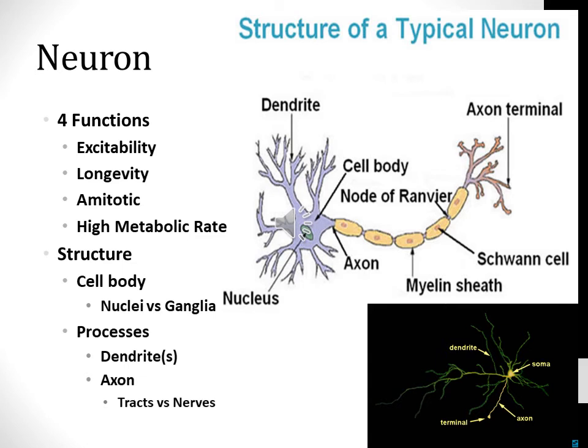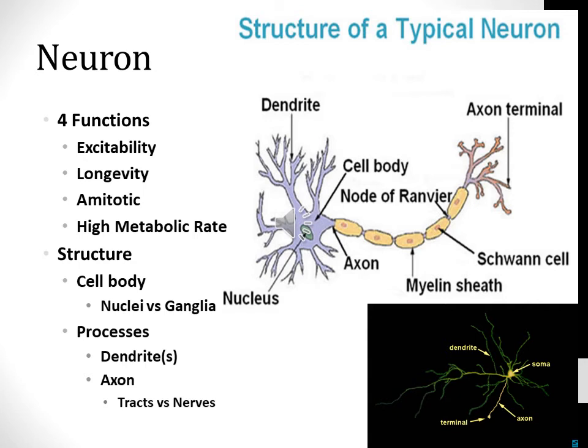They could have a lot of terminal branches, as you see in the picture, but again, only 1 axon. Okay? If you have bundles of processes in the central nervous system, those are tracts. If you have bundles of processes in the peripheral nervous system, those are nerves. So make sure, just like on the cell body, you know the difference between tracts and nerves for the axons, and again, based on location.